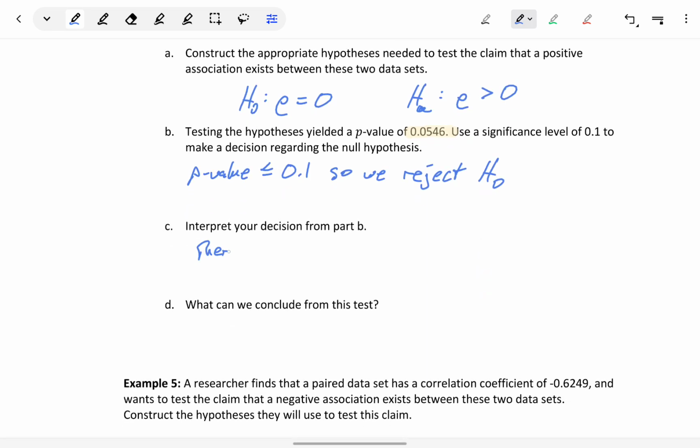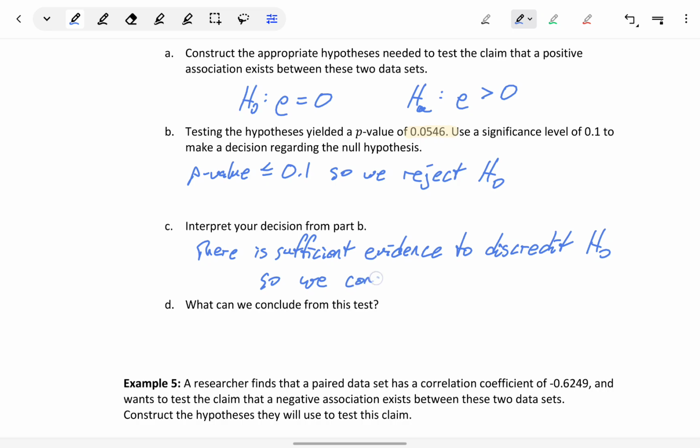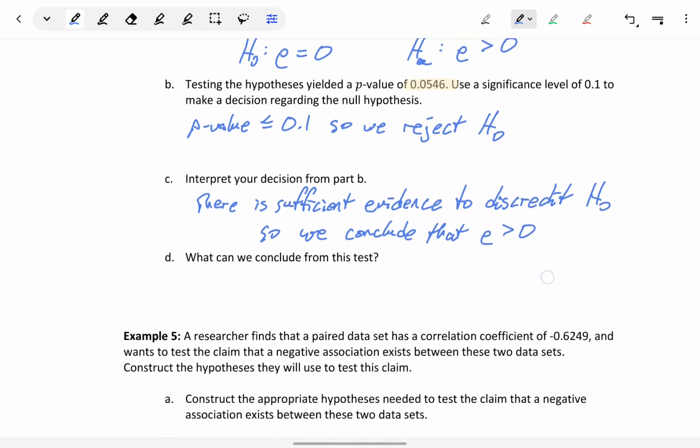This means there is sufficient evidence to discredit the null hypothesis. So we conclude, since we discredited the null hypothesis, we conclude the alternative that rho is greater than 0.